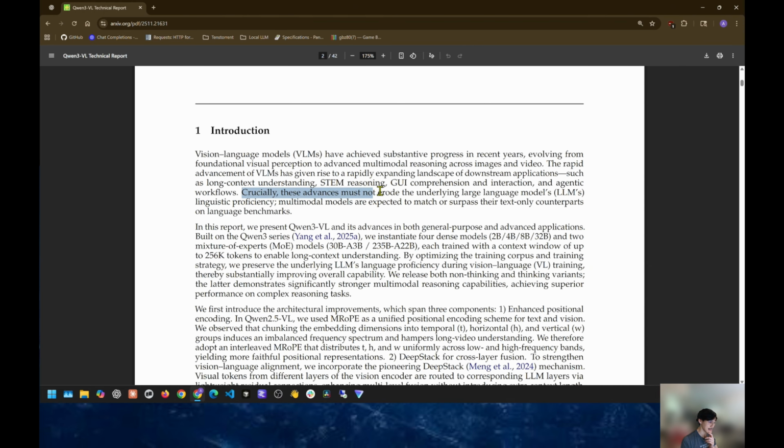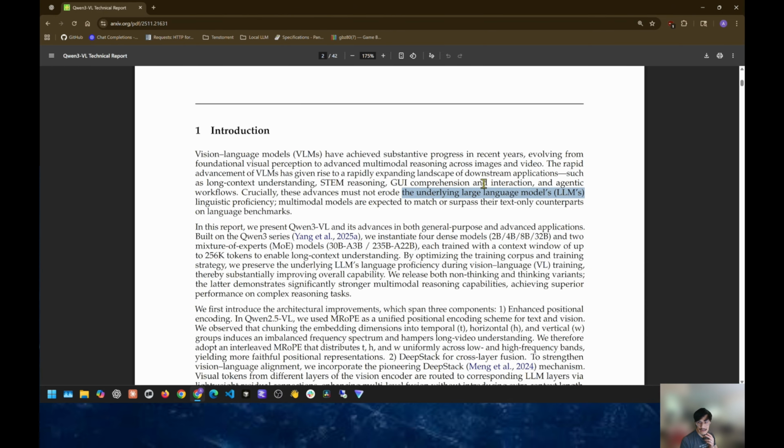Crucially, these advances must not erode the underlying large language model, or LLM, linguistic proficiency. Multimodal models are expected to match or surpass their text-only counterparts on language benchmarks. And I think this is a challenge when you're creating a VLM, is that you have to be good at multimodal, so images and video inputs, but at the same time, you cannot regress or degrade the LLM aspect of it.